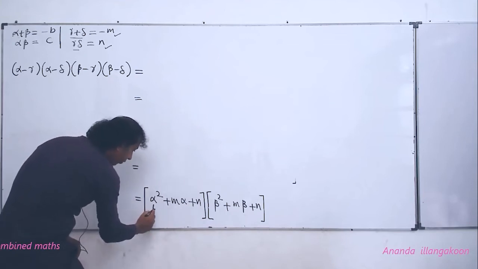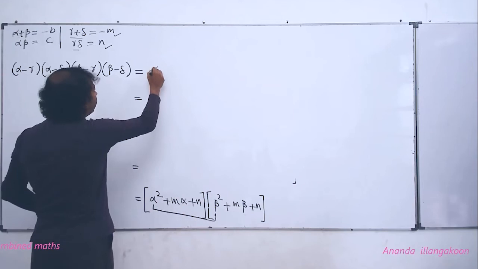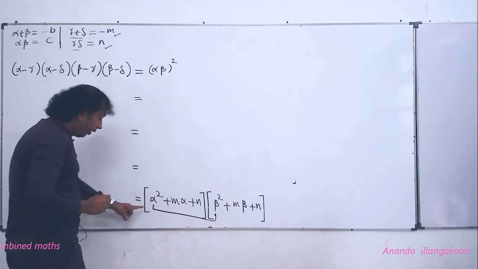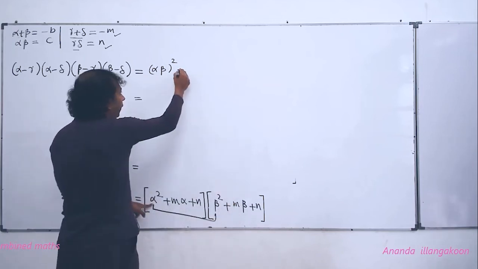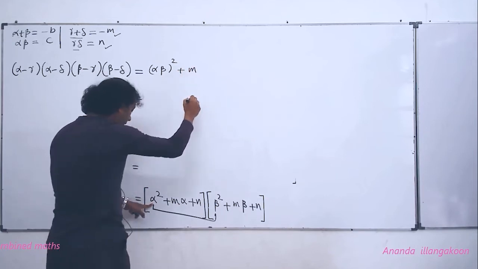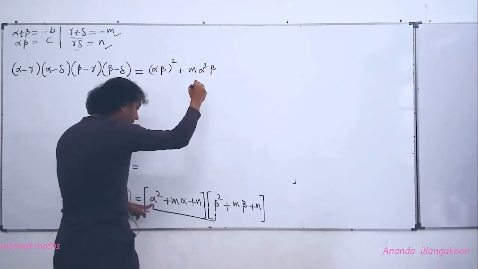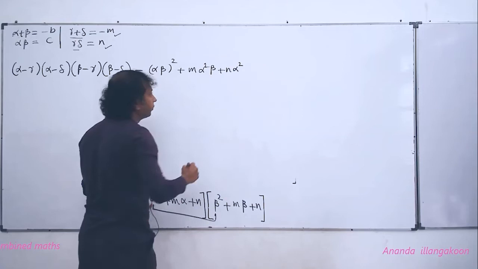This and this. And then we get alpha squared, beta squared. No, I write that as alpha beta squared. Right. The alpha squared and this m times alpha squared beta, and n times alpha squared. Right.